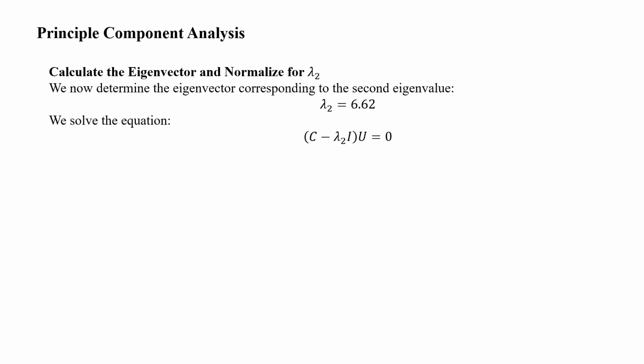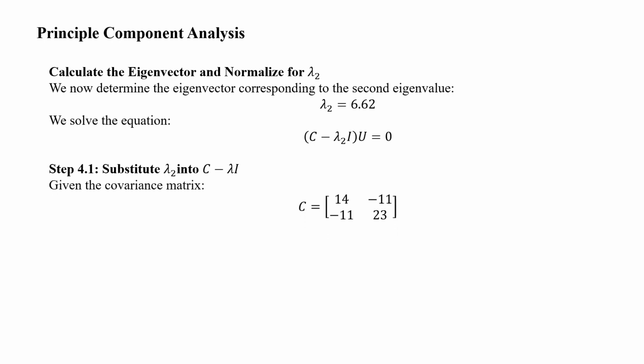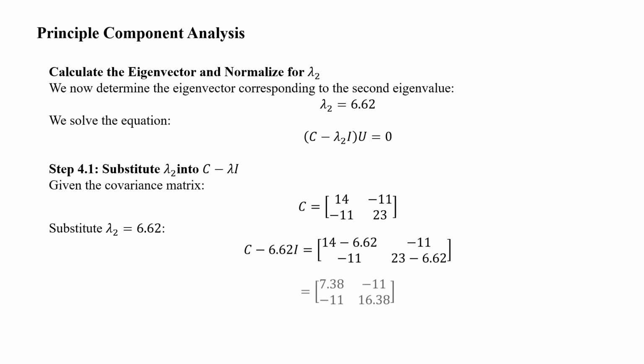equals 0. Step 4.1. Substitute lambda 2 into C minus lambda I. The covariance matrix C is [14, -11; -11, 23]. Now substitute lambda 2 equal to 6.62. Subtract 6.62 from the diagonal elements.